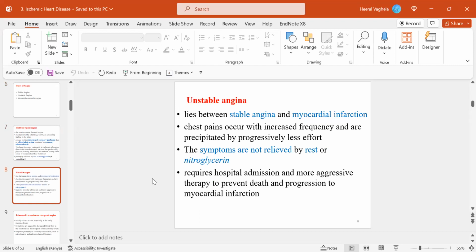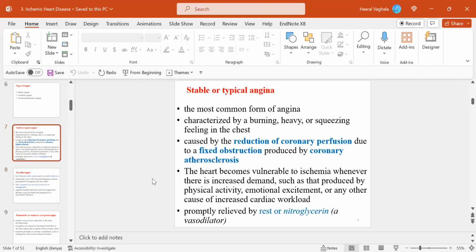So especially for stable angina, you just tell your patient either to take nitroglycerin or to take rest.